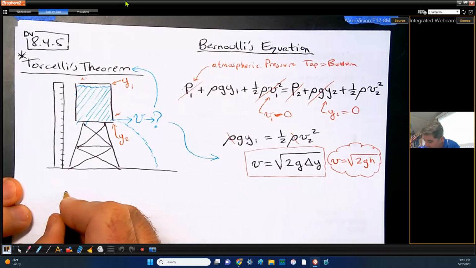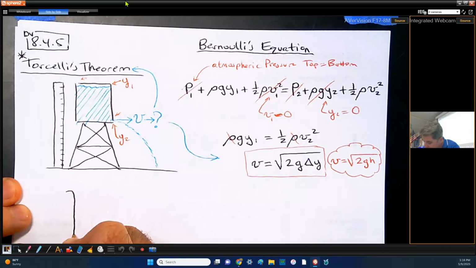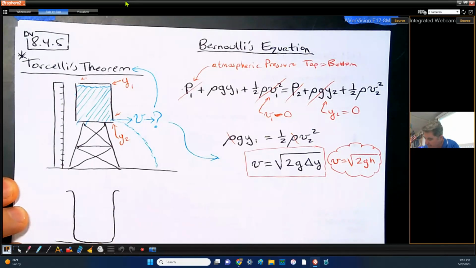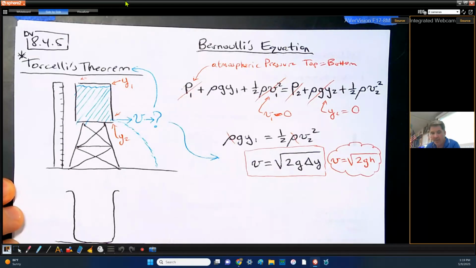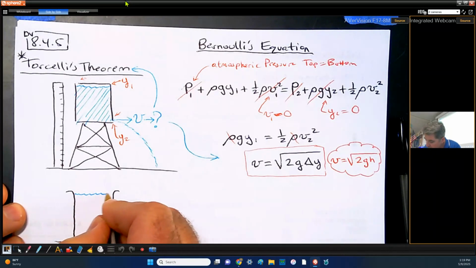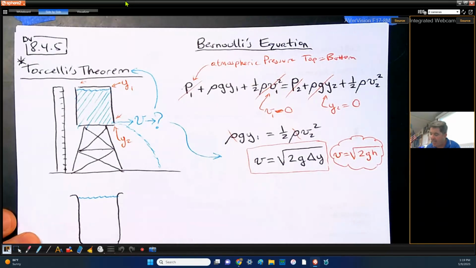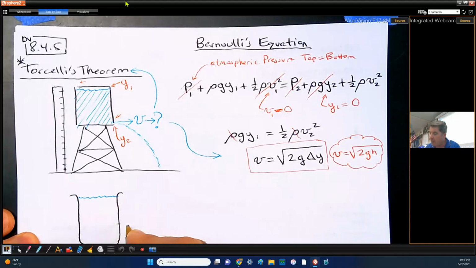I've got a bucket, and it's sitting on the ground. I'm going to fill it with water, and then I'm going to make a hole in the bucket. It's not going to be exactly halfway, I don't want to make your life too easy. It's going to be kind of in the middle.